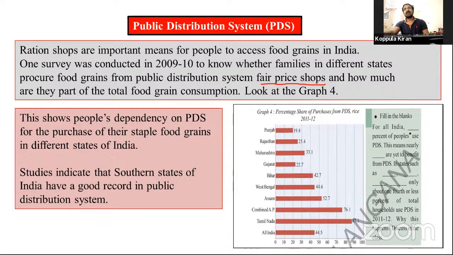For all India, 44.5% of people use PDS. This means nearly 55.5% are yet to benefit from PDS.